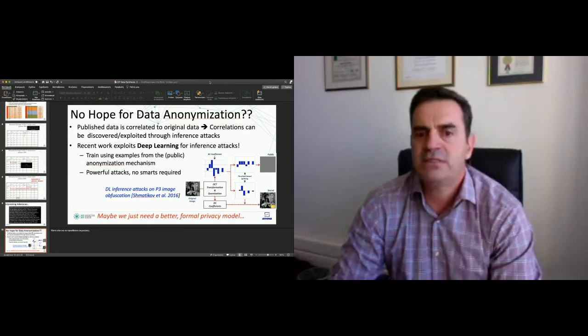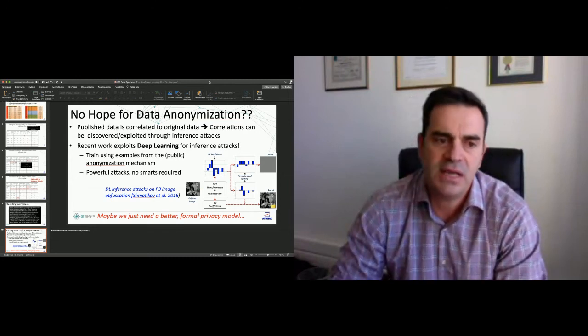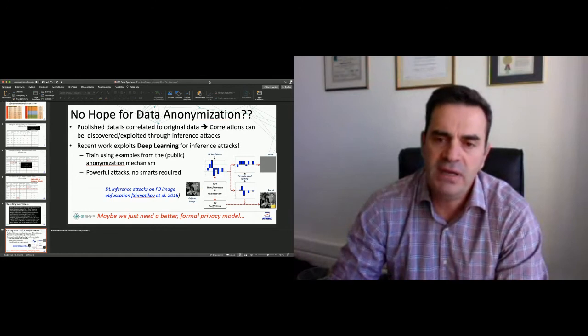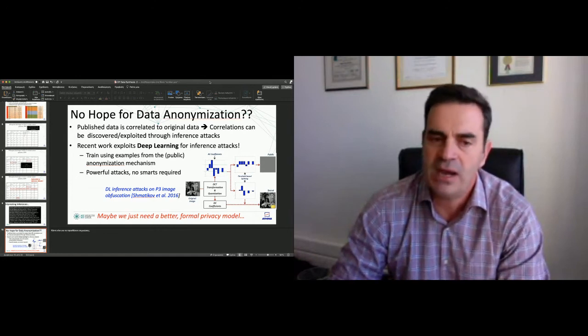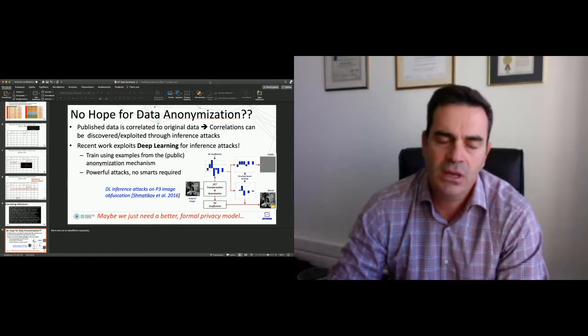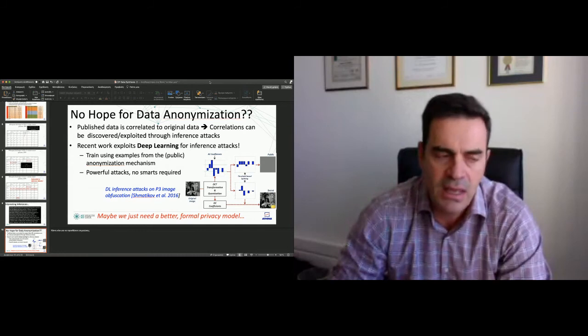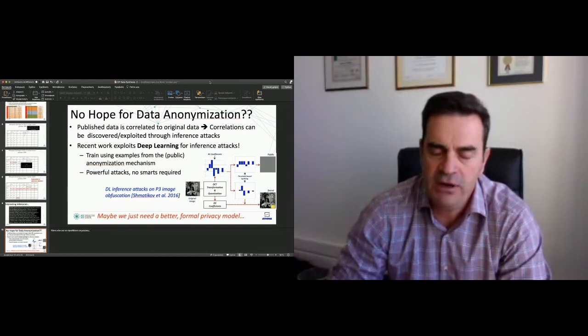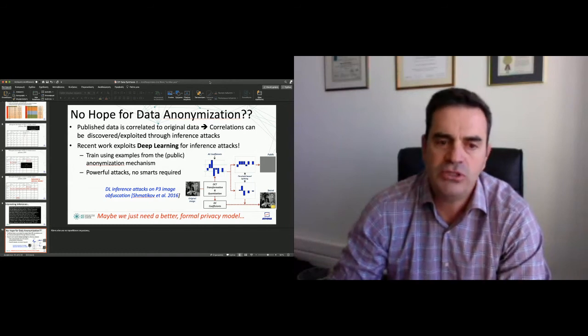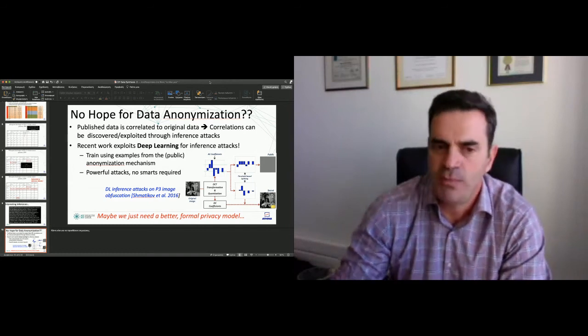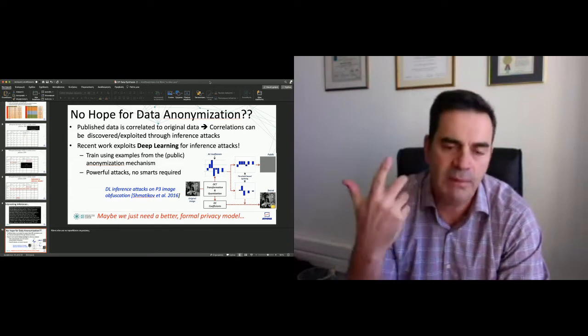And what's even worse, in recent years, it has been discovered that you don't even need to be extremely smart to figure out these correlations, right? Because you can just use deep learning AI to essentially put together very, very powerful inference attacks. No smarts required, okay? Essentially, what you do is you take an anonymization mechanism, which is typically public, right?